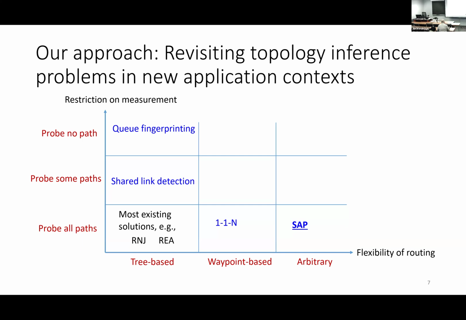I don't know anything about what kind of graph I have, just purely based on my performance measurements end to end. Let's say you can probe any way you want. What exactly is the information I can uniquely determine? We call that identifiability. What's the identifiable information? And then we can ask how useful is that information in terms of reconstructing the routing topology.